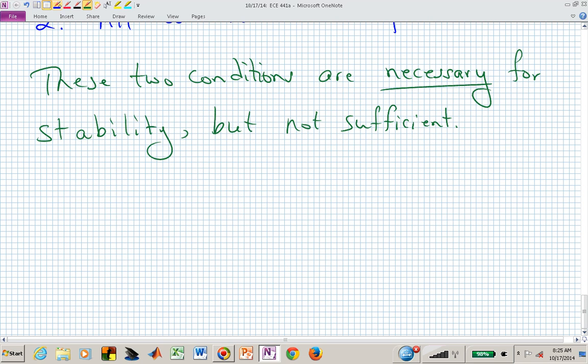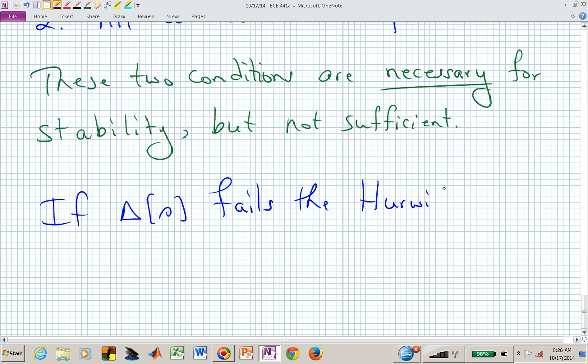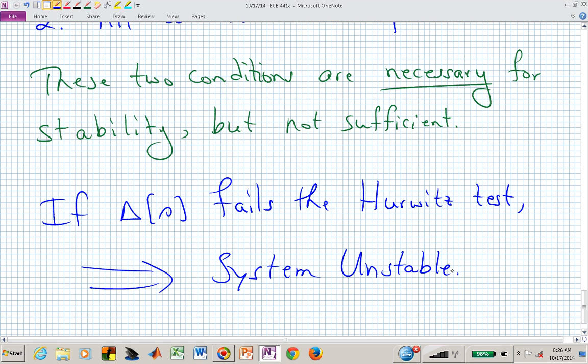Well, you can make basically one statement by looking at this Hurwitz test. If this polynomial, delta of s, fails the Hurwitz test, so you're missing a coefficient or coefficients, or one or more are negative, then you can conclude that the system is in fact unstable.